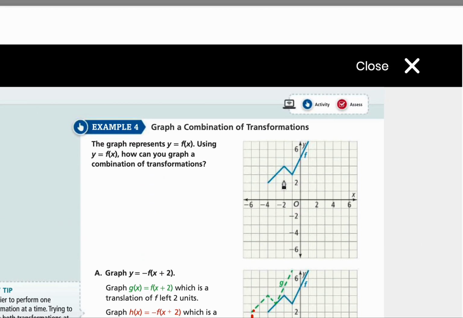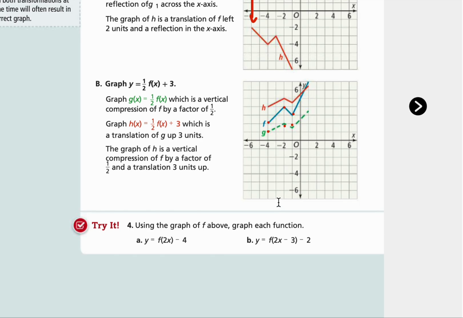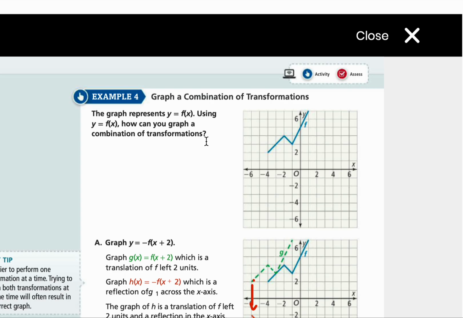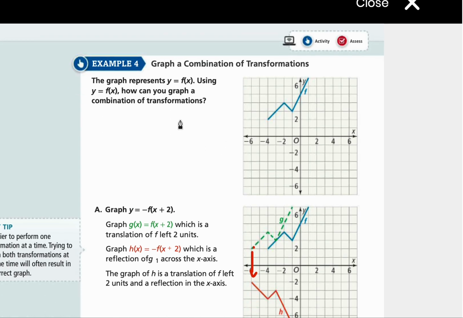Okay, starting from f, your a was y equals f of 2x minus 4. So from here, let me write that down. Y equals f of 2x minus 4. So you're going to do a horizontal compression by 2, right?